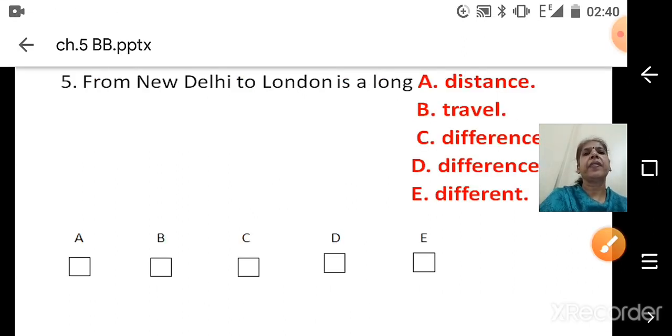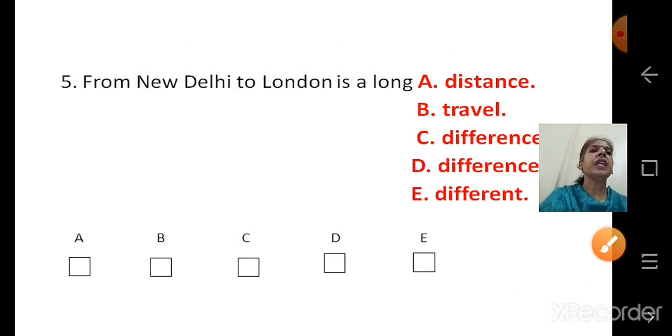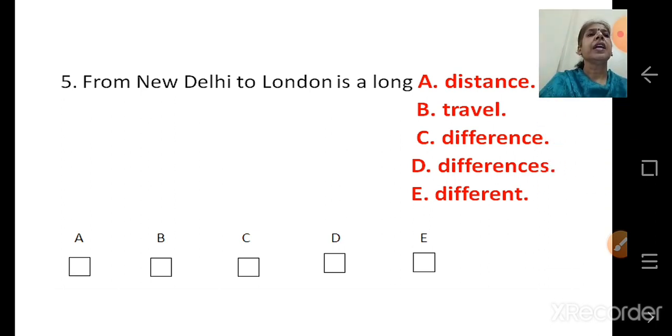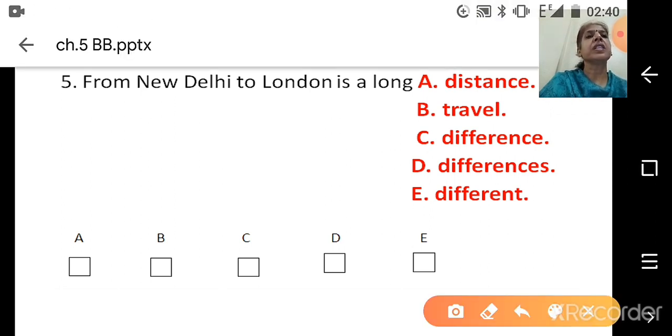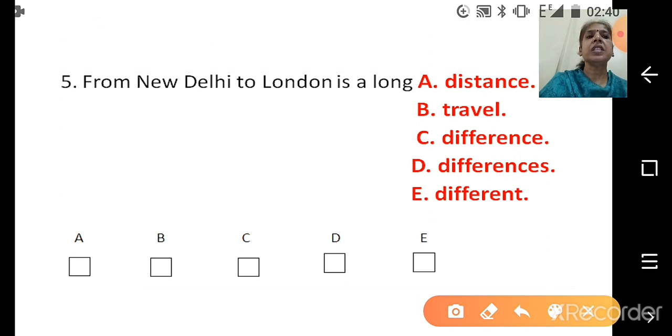Next one. From New Delhi to London is a long dash. And the options are A. Distance, B. Travel, C. Difference, D. Differences, E. Different. So from New Delhi to London is a long what? Long distance, long travel, long difference, differences, different.